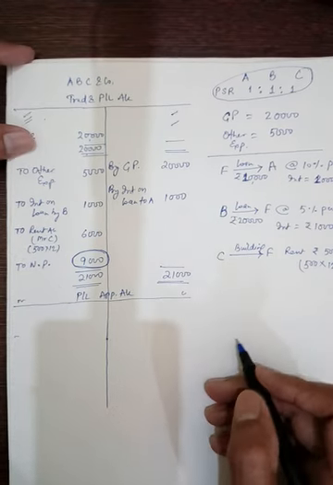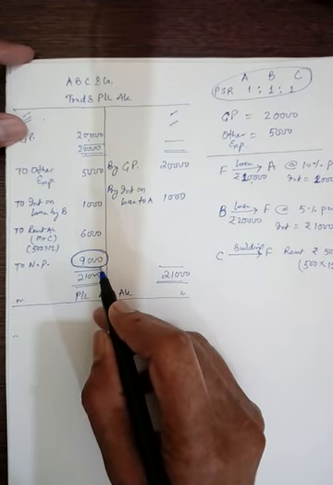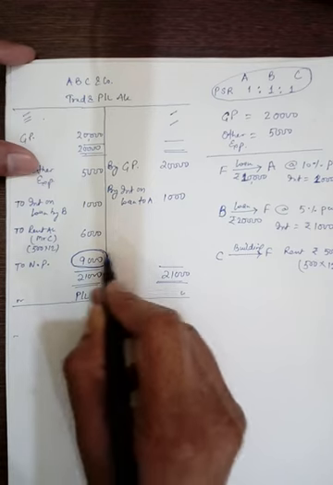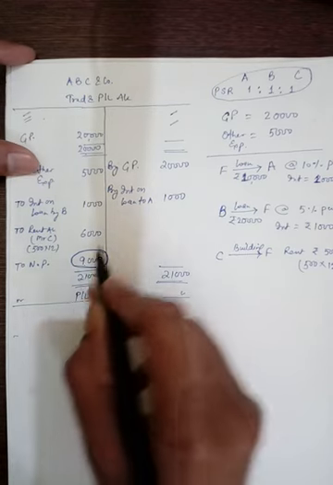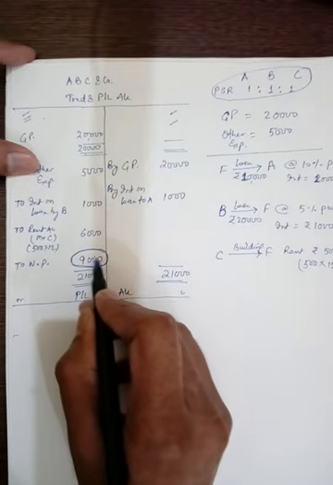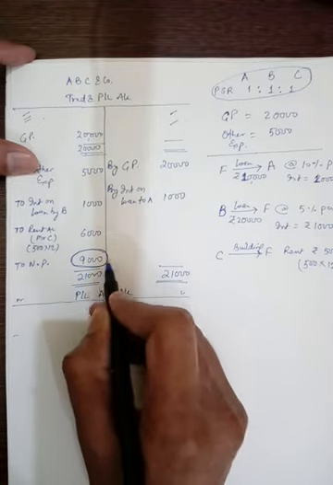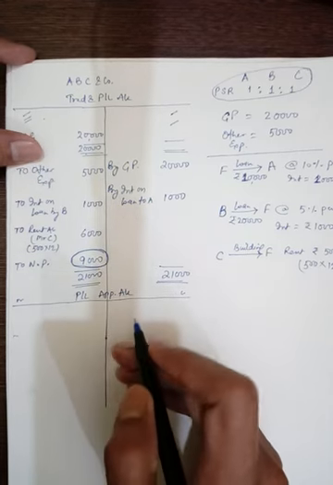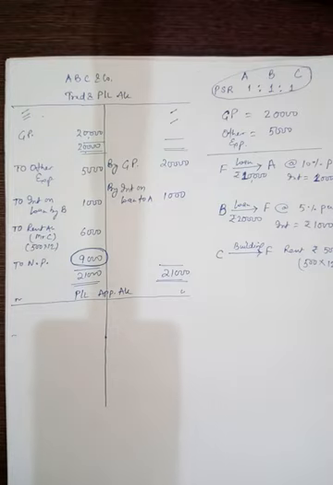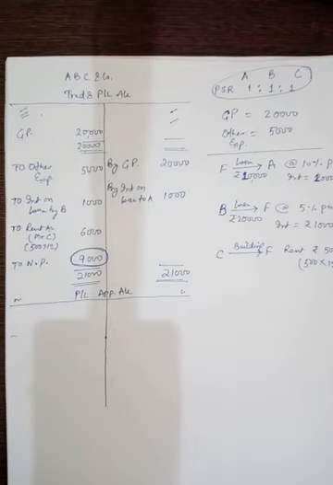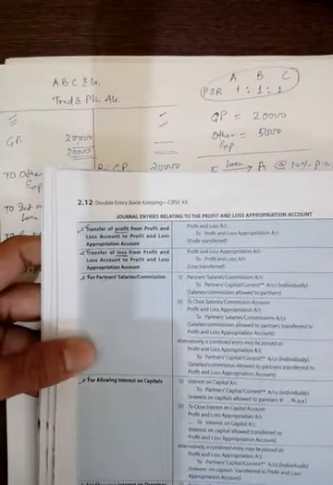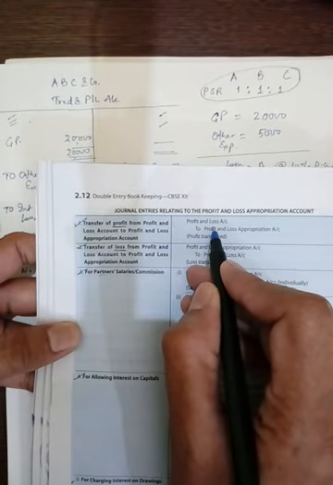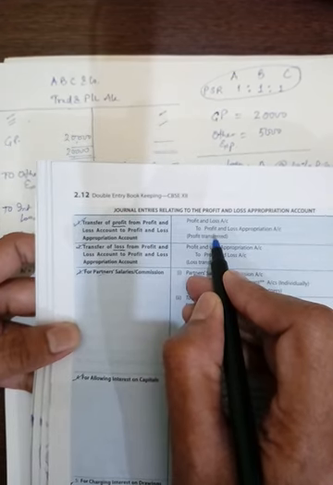And the first thing is that we shall transfer this net profit of the firm, because this net profit belongs to all the partners. So this is firm's profit. So we shall transfer this net profit of the firm to profit and loss appropriation account by passing a journal entry that you already know. So for transfer of profit, the journal entry passed was profit and loss account debit to profit and loss appropriation account.